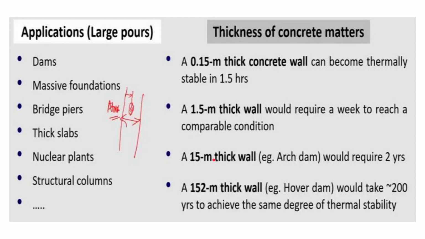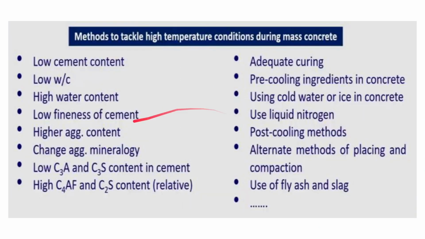If the thickness of the wall is 15 meter, say for example in an arch dam, it will require 2 years. And if the thickness of a wall is 152 meter, say for example in the case of Hoover Dam, it will take 200 years to achieve the same degree of thermal stability. Therefore, lowering the temperature of the materials by pre-cooling and post-cooling methods is very important.